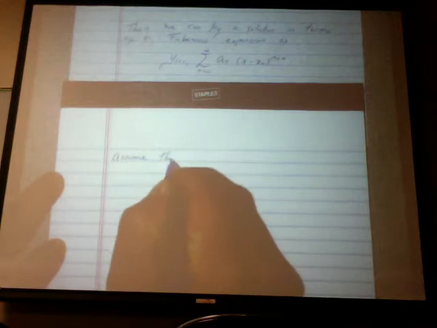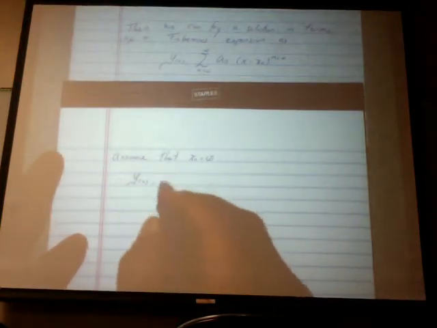All right? So let's assume for a second that x0 is equal to 0. Let's assume that the singularity occurs at x equals 0.